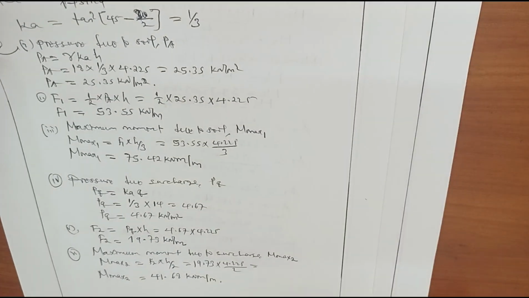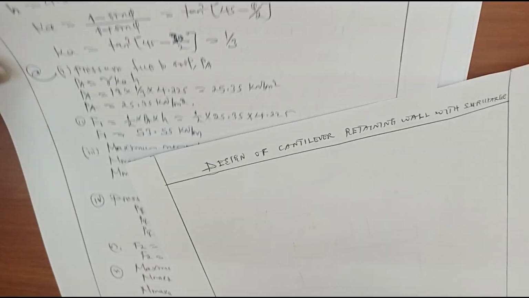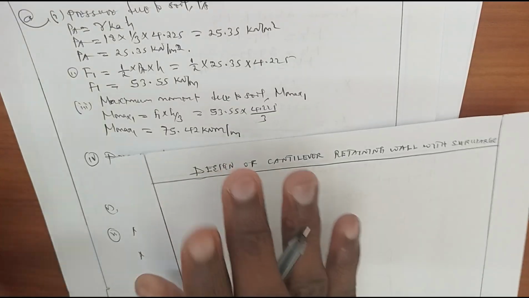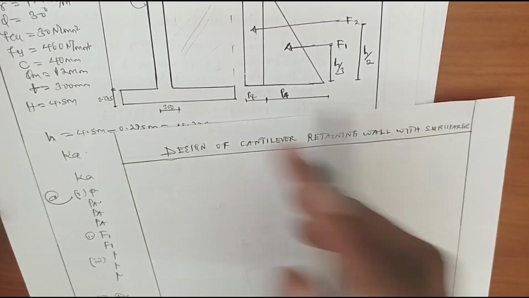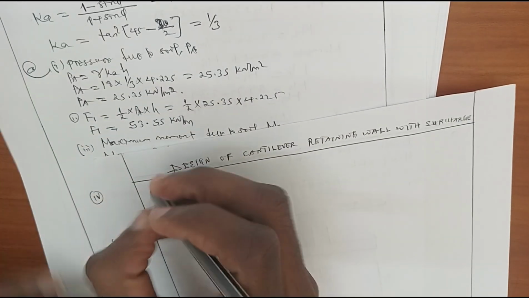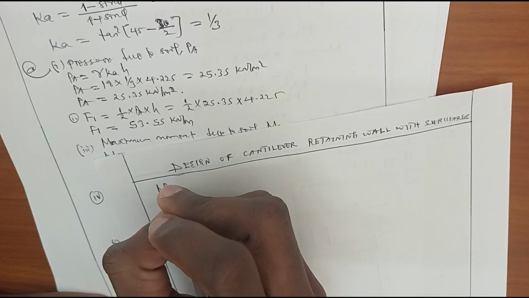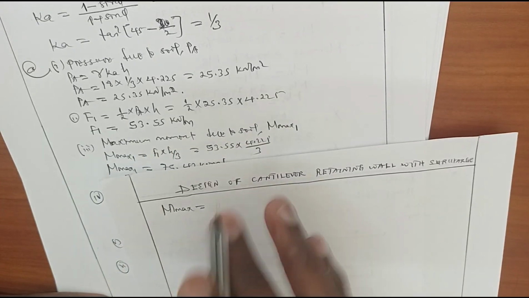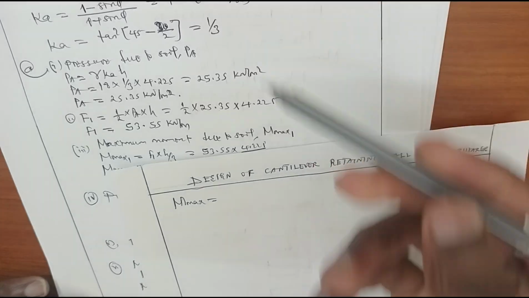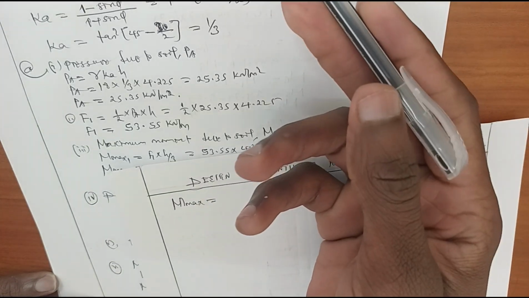Next is to determine the maximum moment of this system. This maximum moment of the stem is obtained by taking the maximum moment due to soil plus the maximum moment due to surcharge.